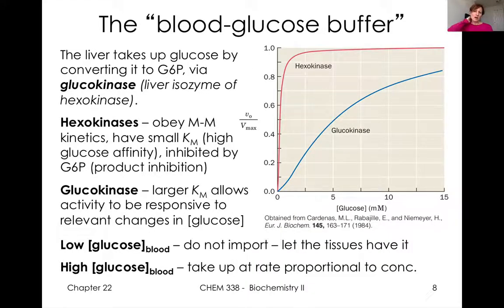We'll also do a little review of kinetics and look at how the liver is able to buffer blood glucose levels. And it has to do with the activity of 2 different enzymes and how they differentially allow for the uptake of glucose. And that's pretty much it for this section.